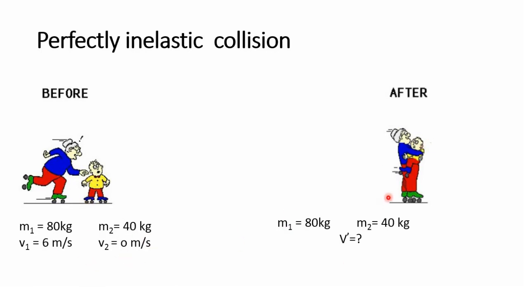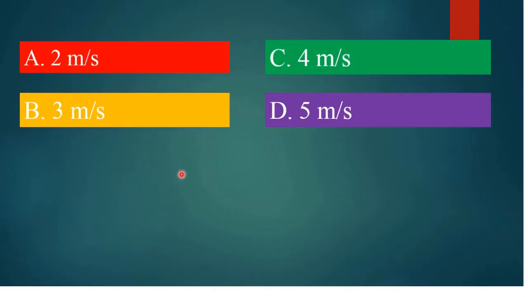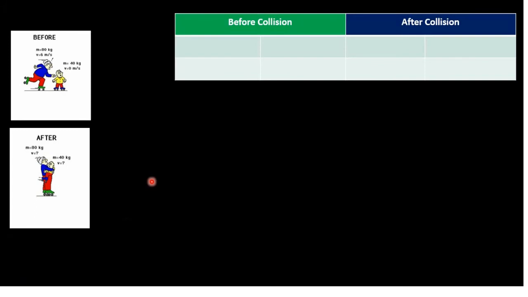Especially observe the velocity after the collision: why is there only one? Because Lola Remedios picks up Roberto, and whatever the velocity of Lola Remedios is now would also be the velocity of Roberto. That's why they have the same velocity. These are the givens. Next, create this table just like this and put in all the givens.